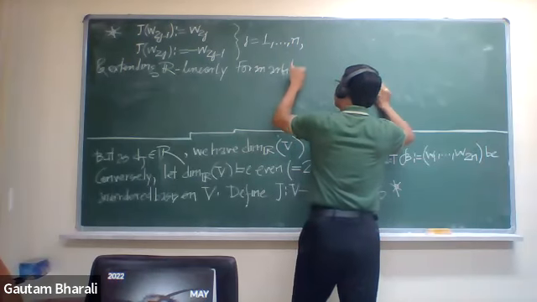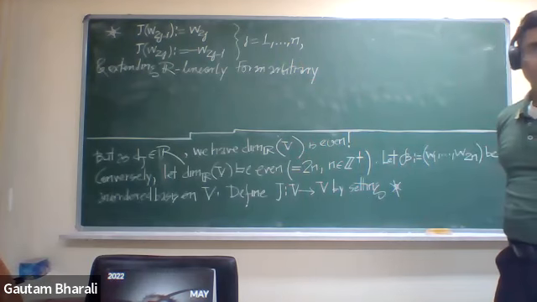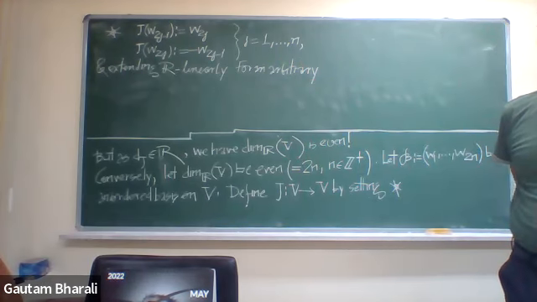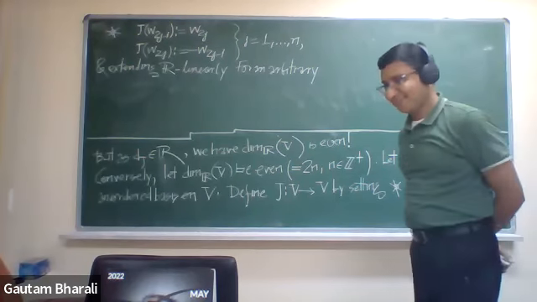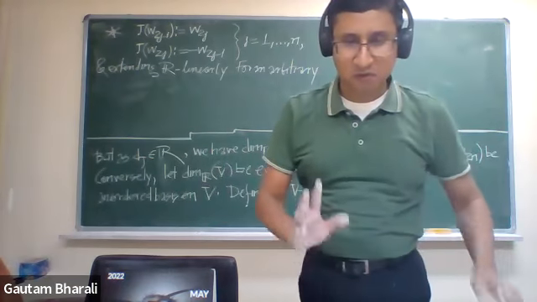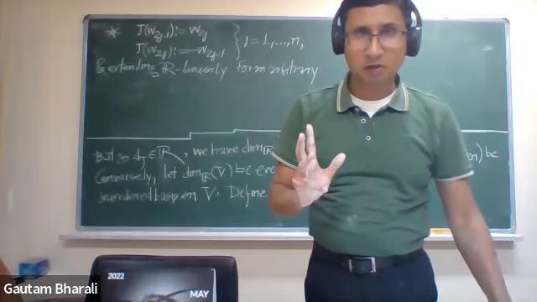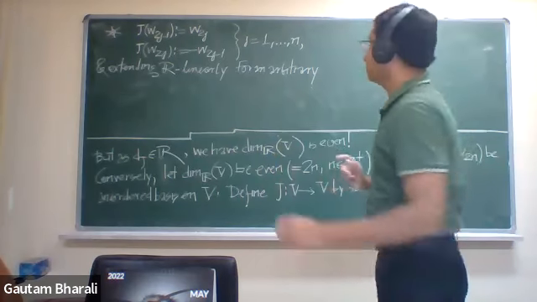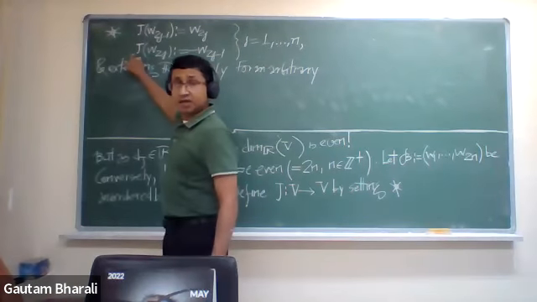Sir, you are defining it in this way just to make the matrix of J in n blocks of the form 0, 1, minus 1, and 0, right? So you are saying it's going to be a block matrix, right? Yes, yes. So you are talking about the matrix representation of this J, correct?